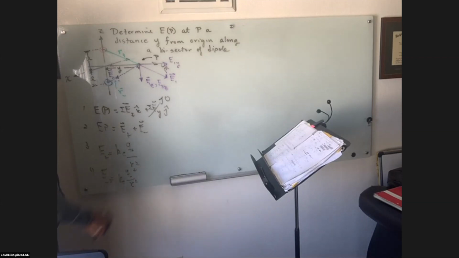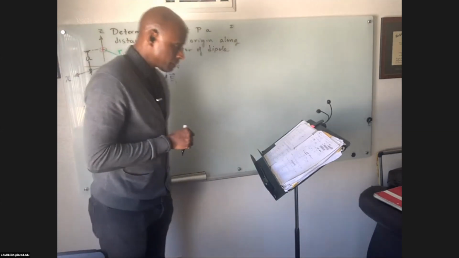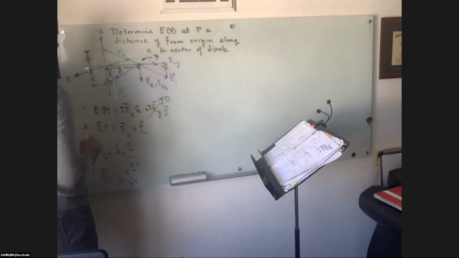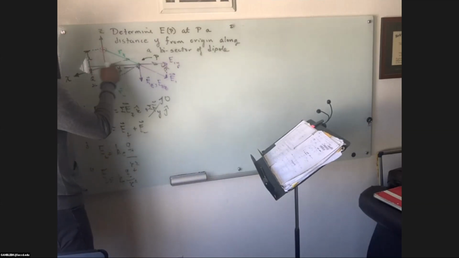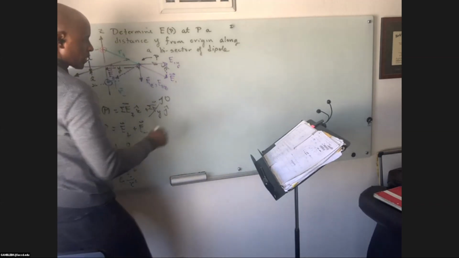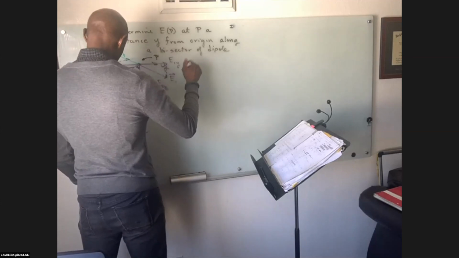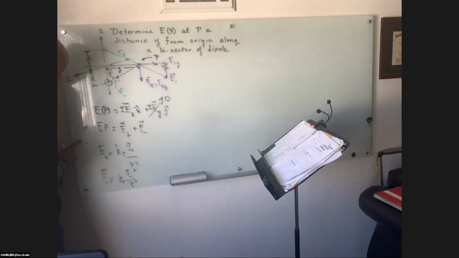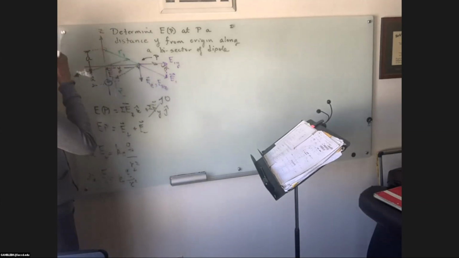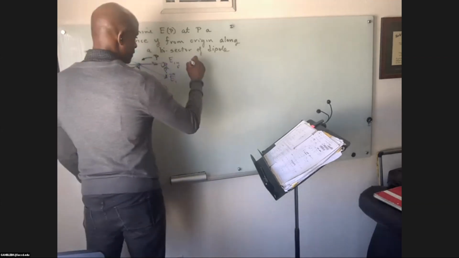I didn't factor them out, but I still need to work out the geometry on these. This distance here, r plus: we have a right triangle where one leg is a and one leg is y. So from the Pythagorean theorem, I'm going to renumber these equations so you can see the symmetry. I'll call this 3a and 3b, because some things are very similar between the two charges, and here 4a and 4b.